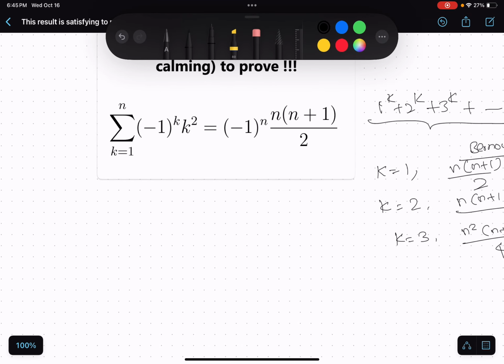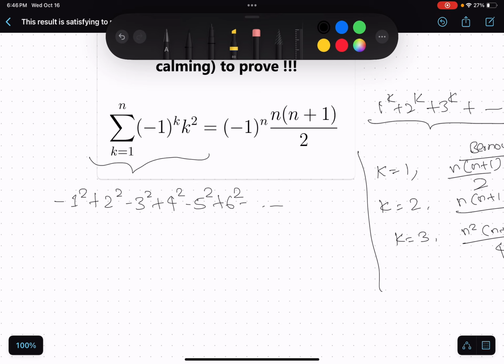Now, first of all, let's try to write this sum. This sum can be written as minus 1 square plus 2 square minus 3 square plus 4 square minus 5 square plus 6 square, and so on up to the last term.